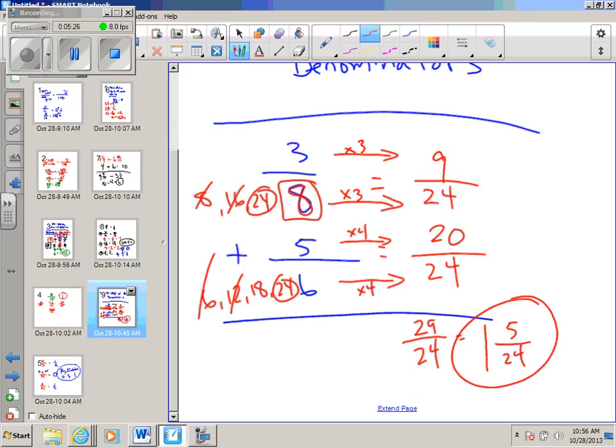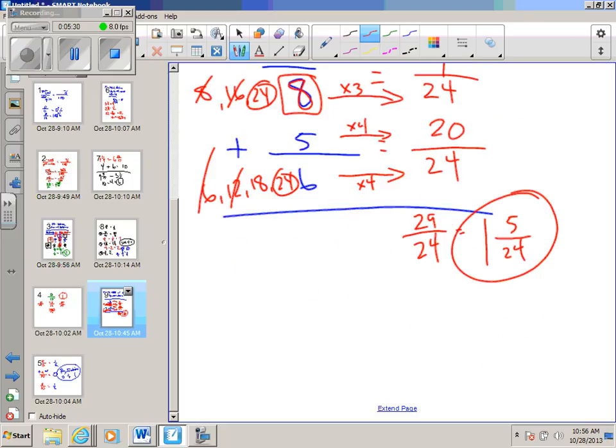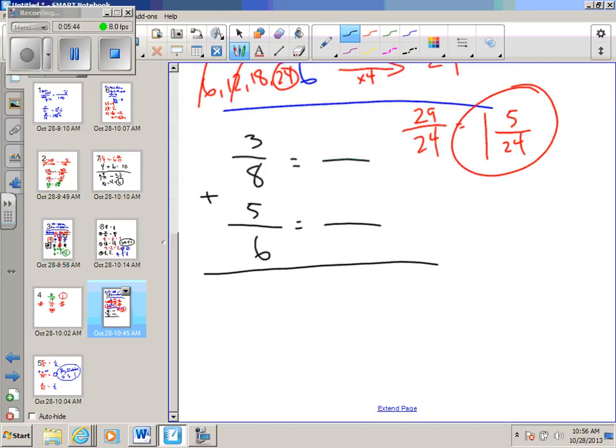Oh, I do want to point something else out before someone else catches it and says, oh, well, how about this? So that was 3/8 and 5/6. Some of you maybe didn't catch 24 as your common denominator.